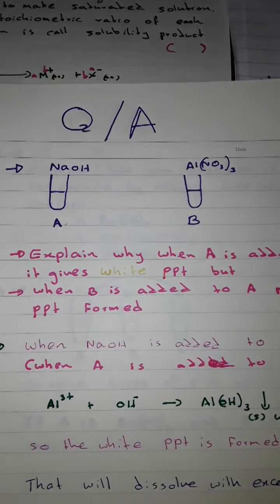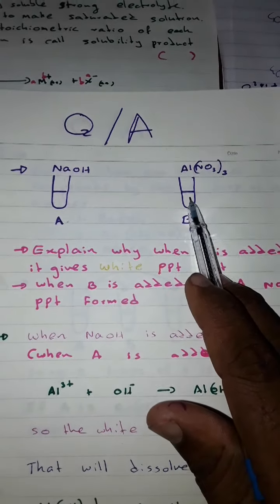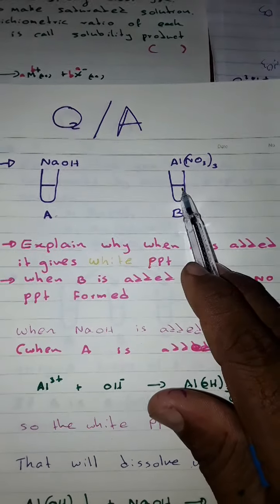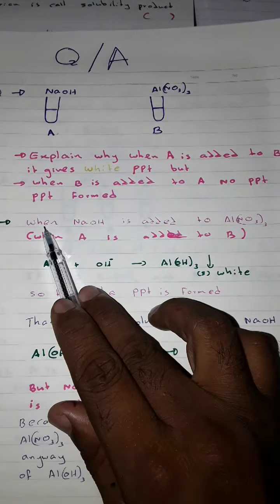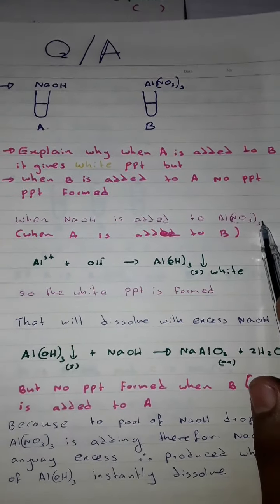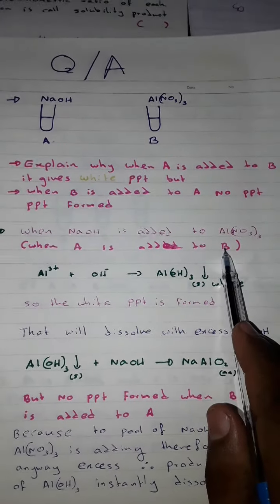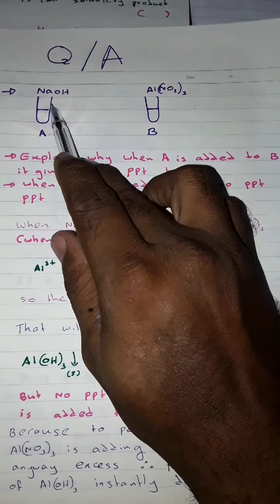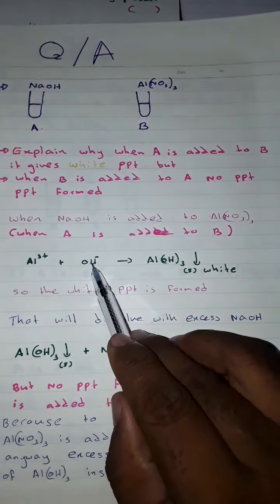We will go to the first part of that. Why, when A is added to B, does it give a white precipitate? A is sodium hydroxide, B is aluminium nitrate. Okay, now look here. When sodium hydroxide is added to aluminium nitrate, that means when A is added to B, it gives a white precipitate. What is A? A means sodium hydroxide. What is B? B means aluminium nitrate.